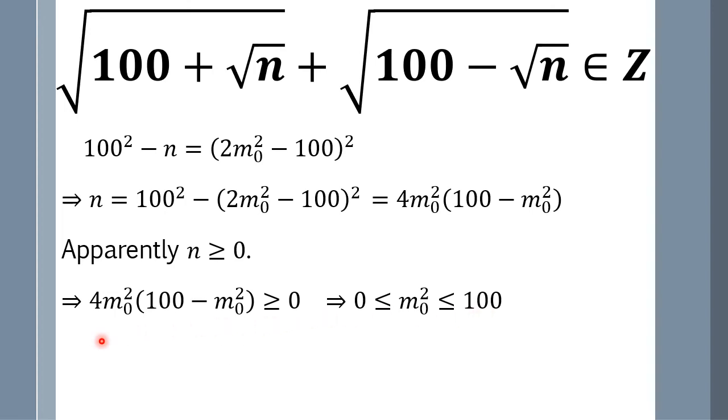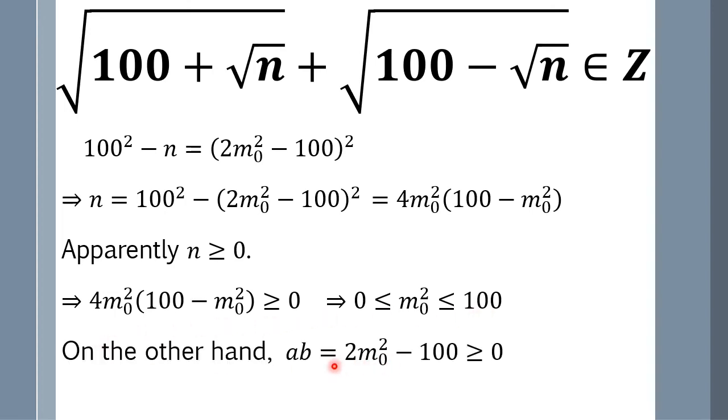On the other hand, we also know ab equals 2m0 squared minus 100, which is also larger than or equal to 0. That means m0 squared is larger than or equal to 50. These two combined lead to m0 squared being between 50 and 100.